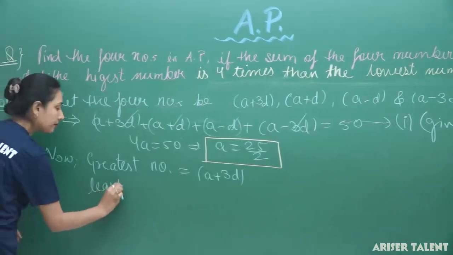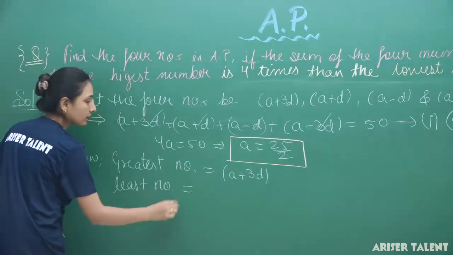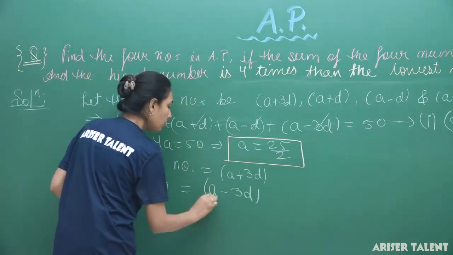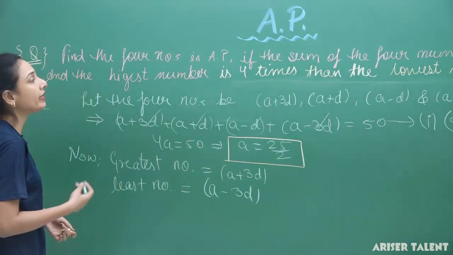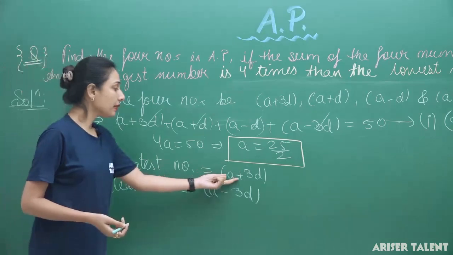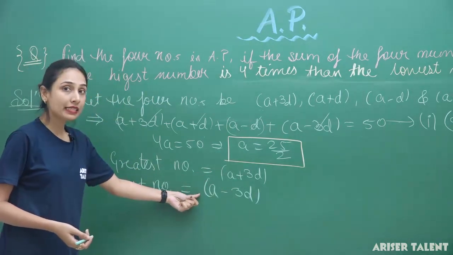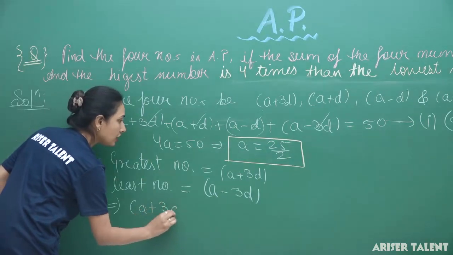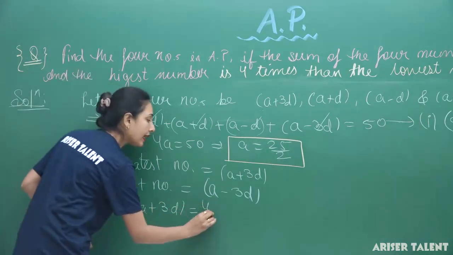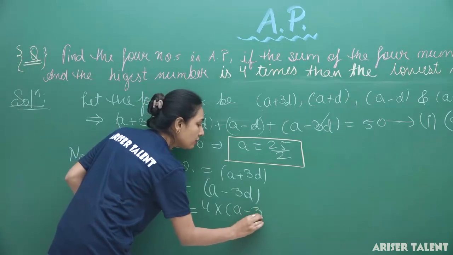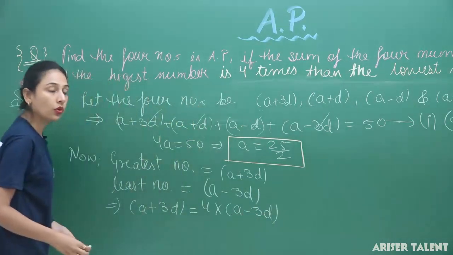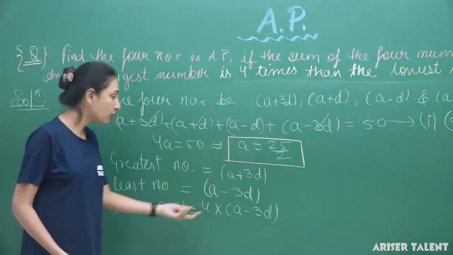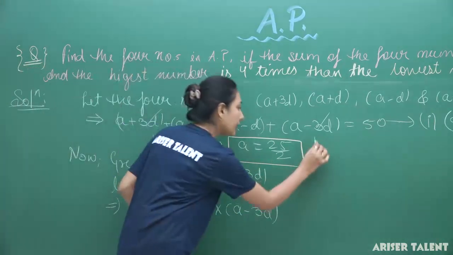Now what it is saying is that the greatest number is 4 times the least number. This implies a plus 3d equals 4 times a minus 3d. So let's calculate the value. We have the value of a here, so we'll calculate the value of d from here, right?